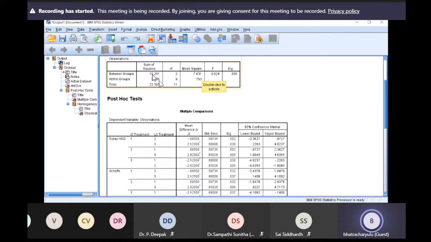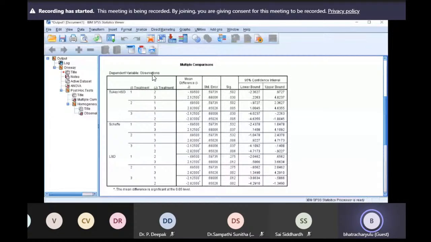The error value is less and between groups is more. Then the significance value, the p value, indicates whether the hypothesis is accepted.